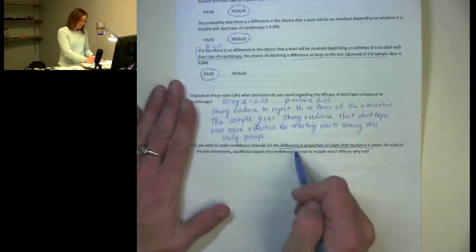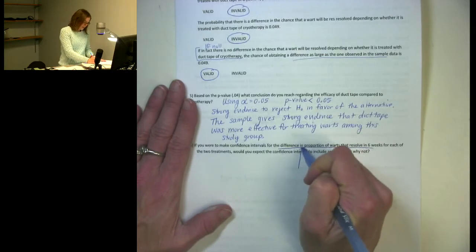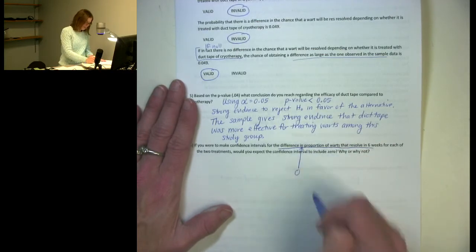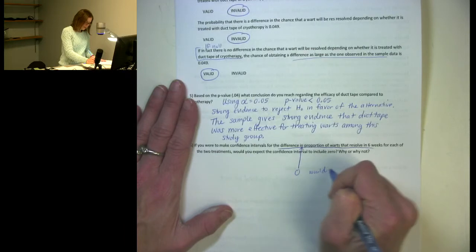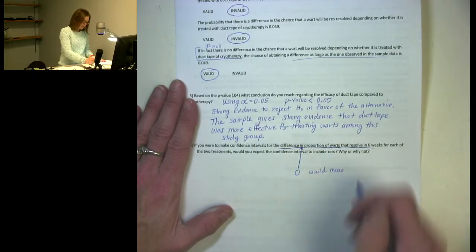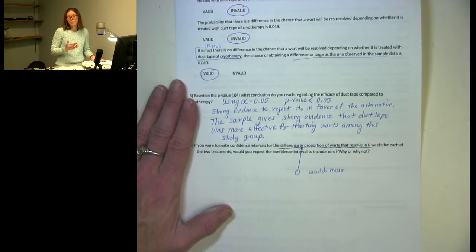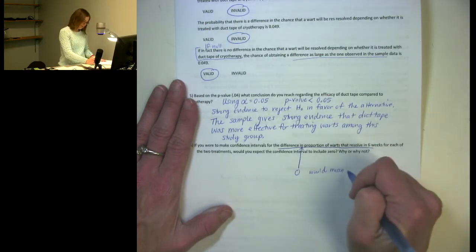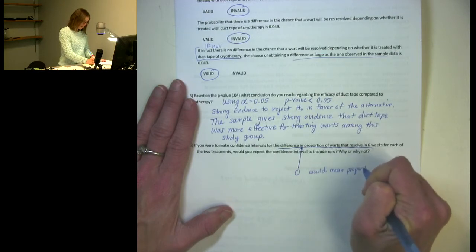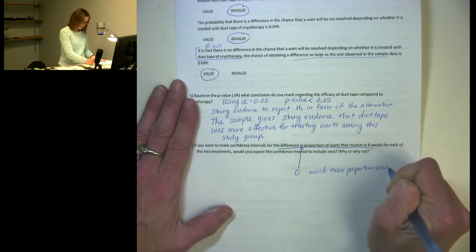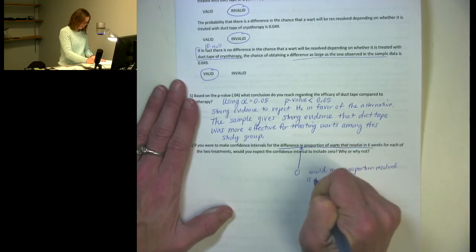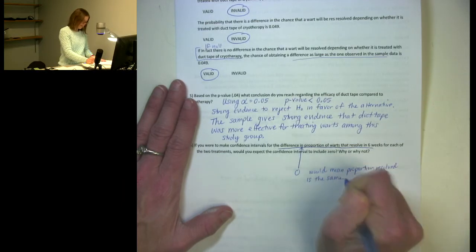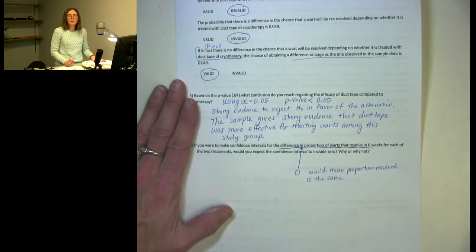So keep in mind the difference in proportions, a difference of 0 would mean that the 2 proportions that were resolved would be the same in both groups. And so really what that would mean is that the 2 treatments were equally effective.